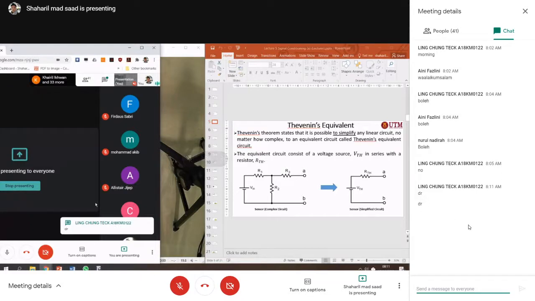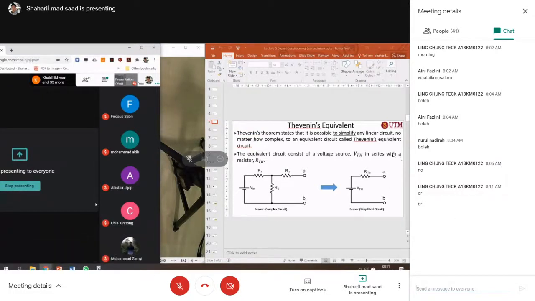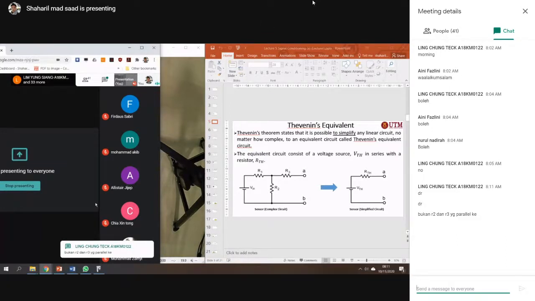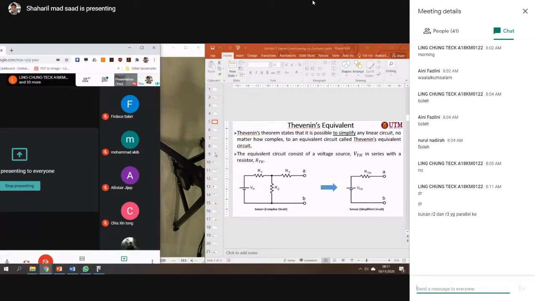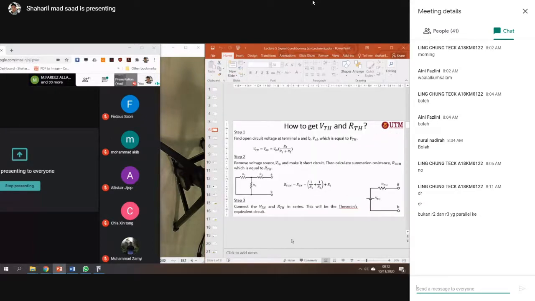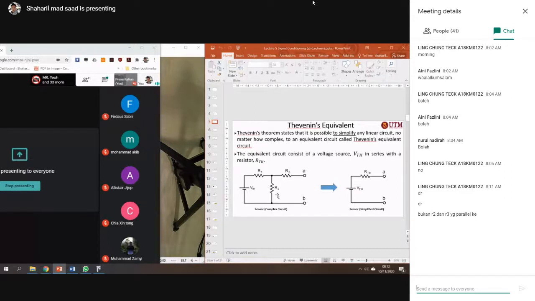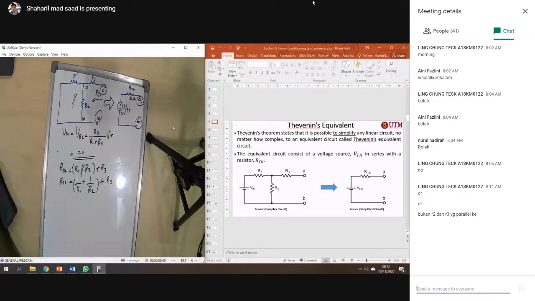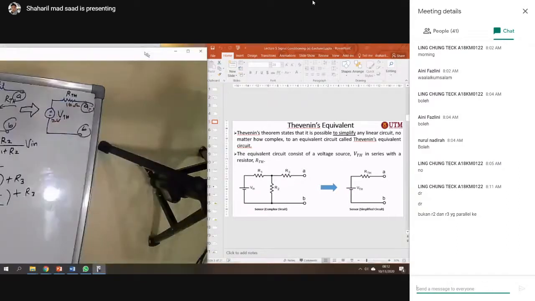R2 and R3 is parallel. What do you mean is parallel? R1 and R2, when you short it, okay.